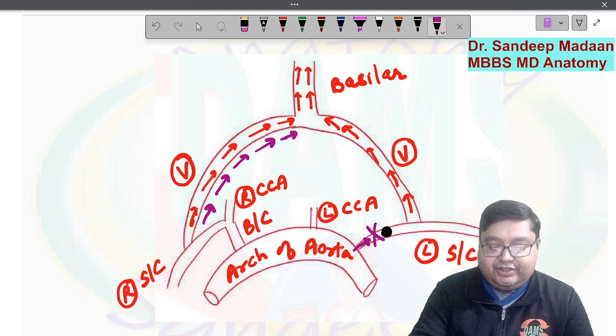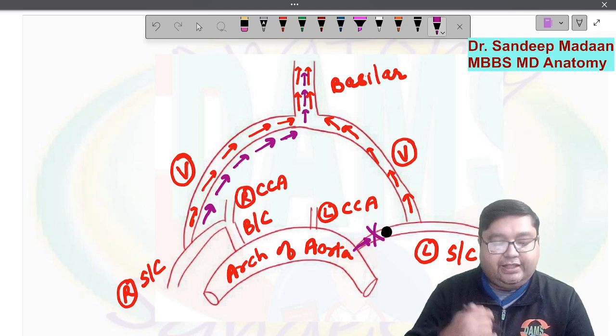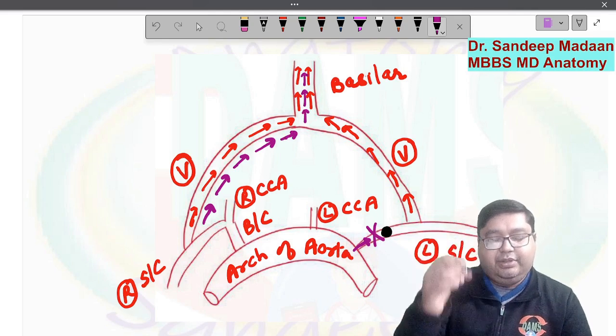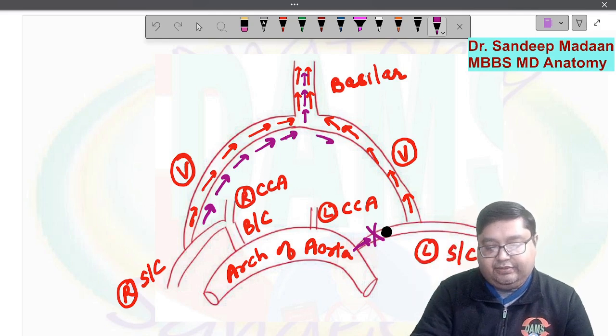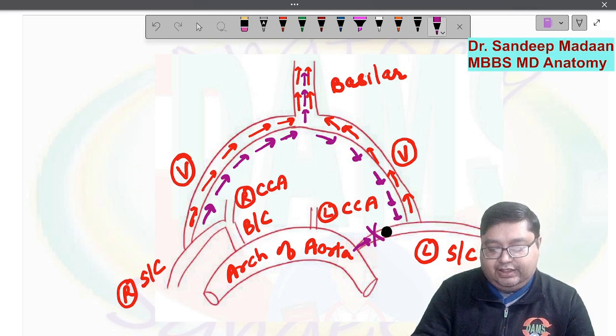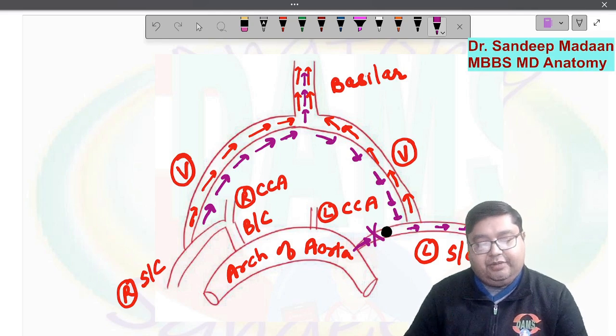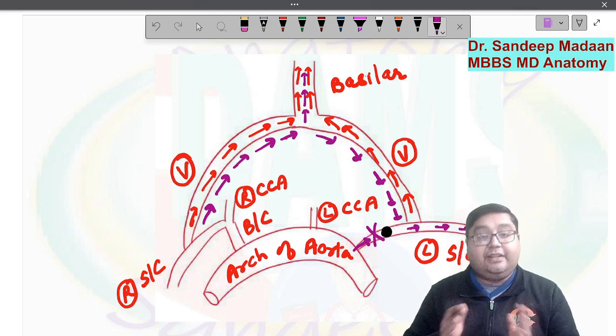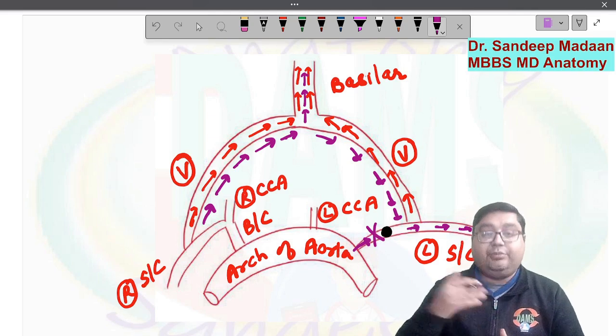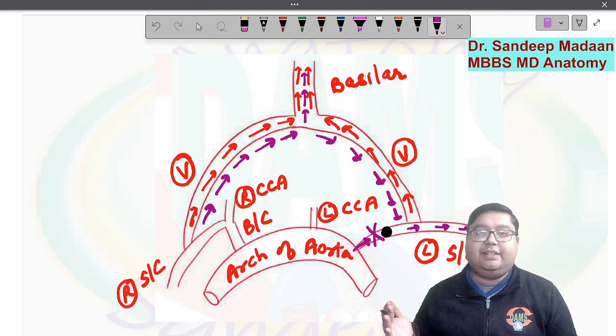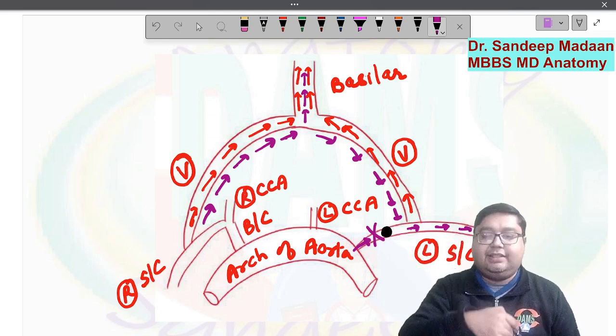It is going in this direction. From this vertebral artery, some blood will keep on going in the basilar artery, just like the previous flow towards the cerebrum. But some blood from here will start coming in this direction, and via this vertebral artery, it will start filling the subclavian side. That means now the subclavian is again receiving the blood, not from the arch of aorta, but from the other sided subclavian, then vertebral, and the same sided vertebral.